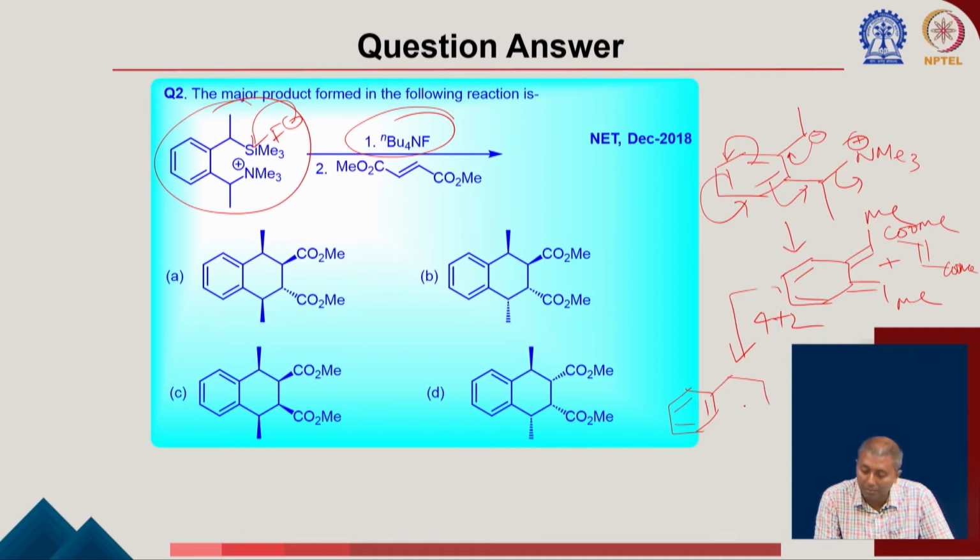You will have a 6-membered ring here, and if the methyls are facing the same side, they are approaching the same face, so they are trans to each other. These 2 ester groups are trans to each other, so that will also be reflected in the product. So this is going to be your answer here.